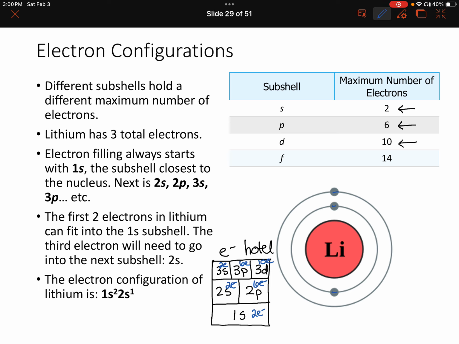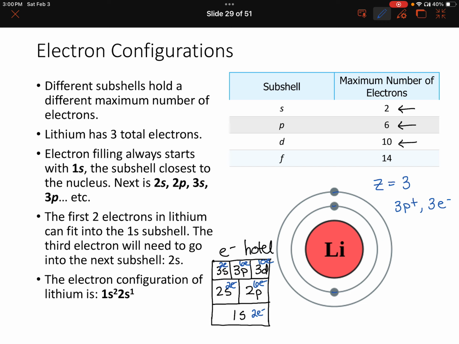And we know that because lithium's atomic number, Z, is equal to 3. So that means that it has 3 protons and 3 electrons, if we assume that it's electrically neutral. So now the question is, where do those 3 electrons exist around the nucleus?